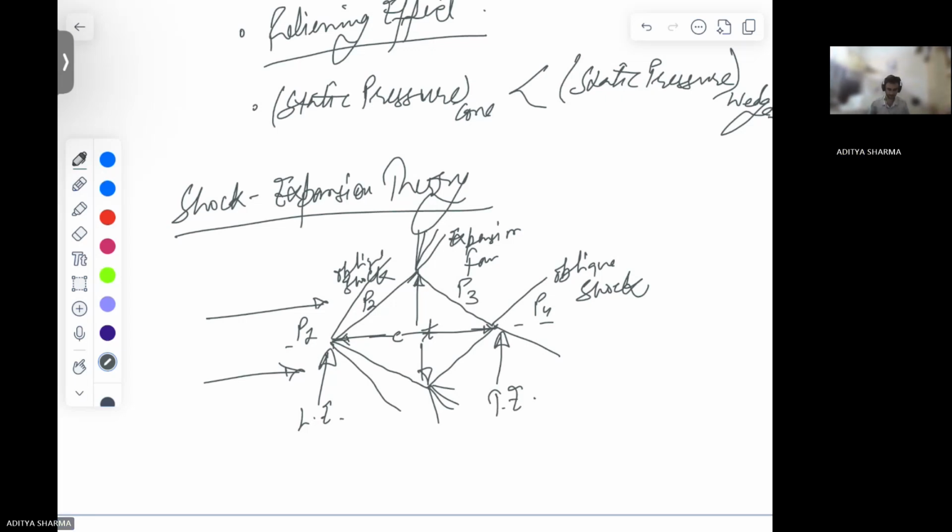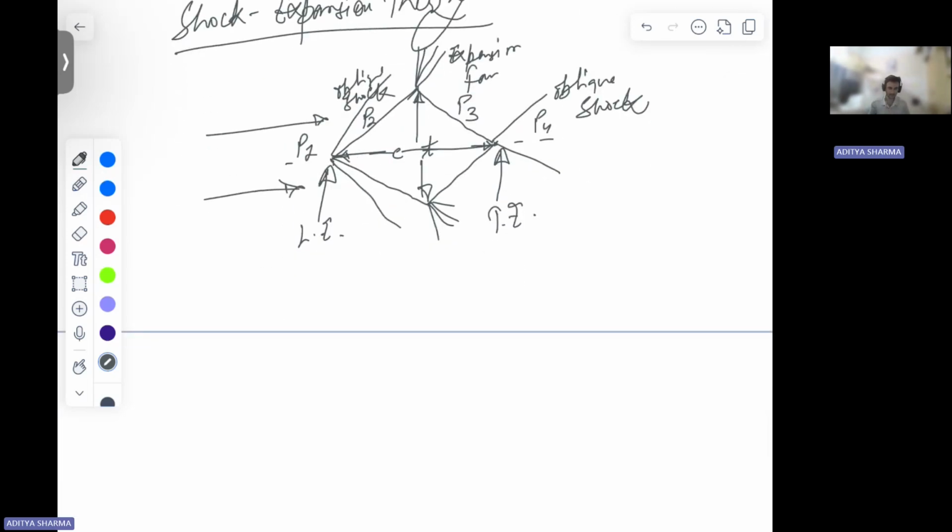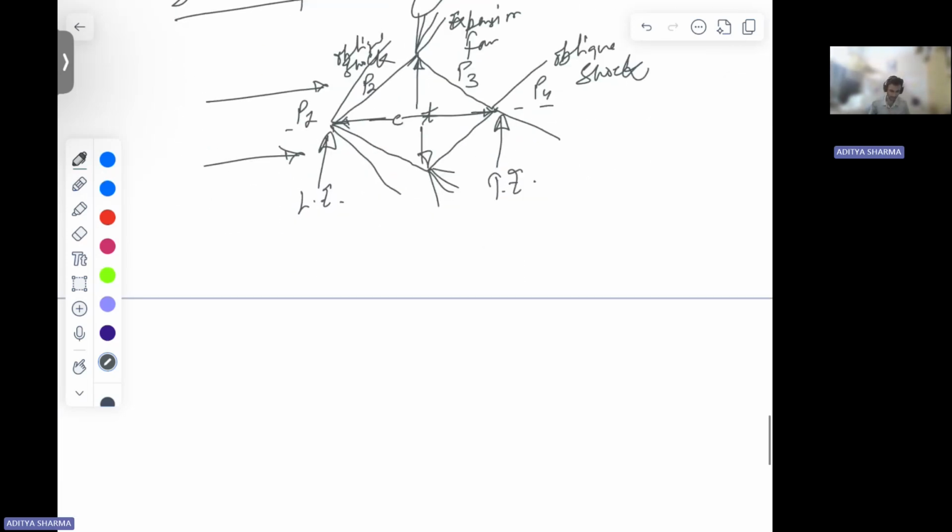What else? Okay, so this is there. Then this here gives rise to wave drag. Okay, so these oblique shocks and expansion fan, in combination, they give rise to wave drag.